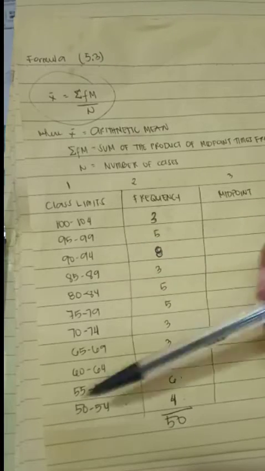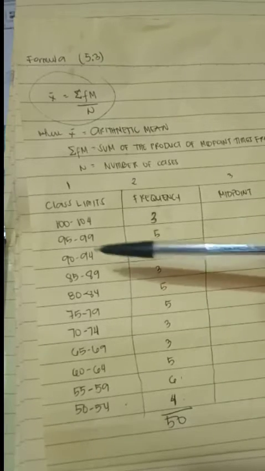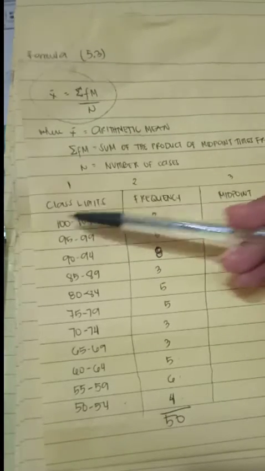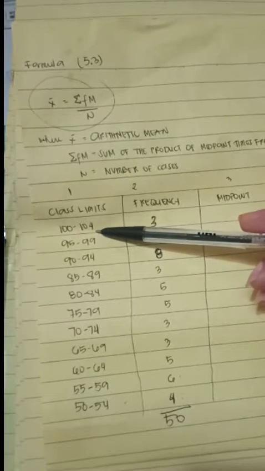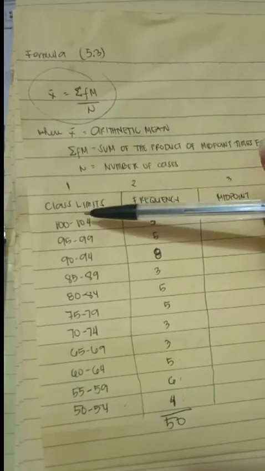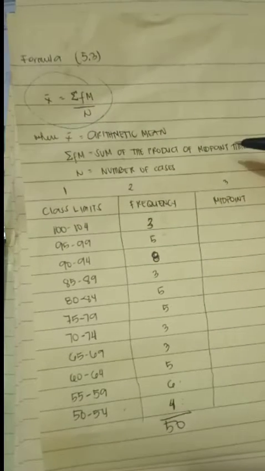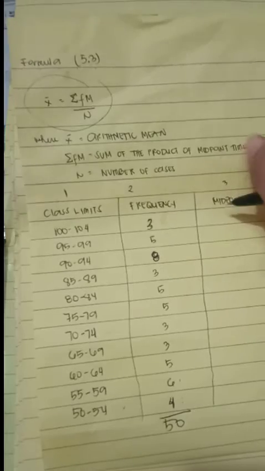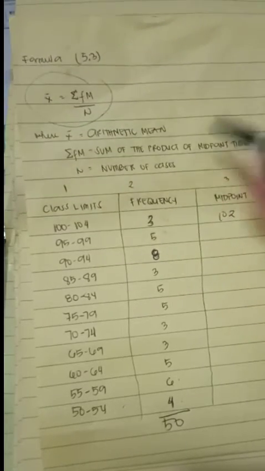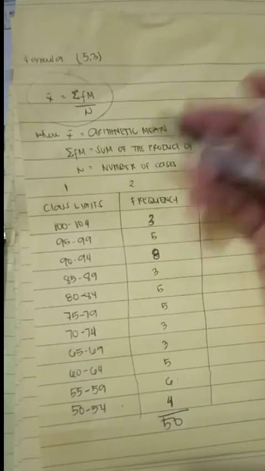We are going to get the specific point in between the lower and upper class limits. In between 100 and 104, our midpoint is 102. And between 95 and 99, we have 97.